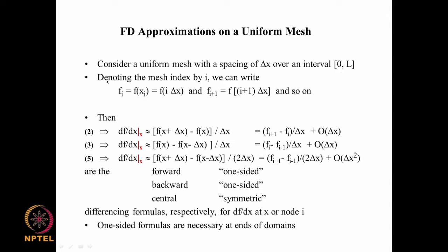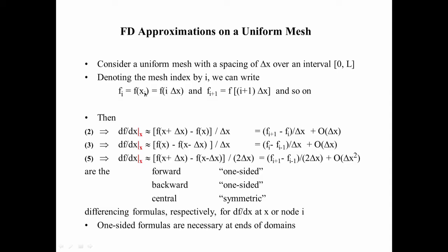Okay. So we denote the mesh index by I here, and what we mean by this is the value of f at xi. That is the location, the x value at the ith mesh index or node, which we write as f subscript I here, is nothing but f of I times delta x.